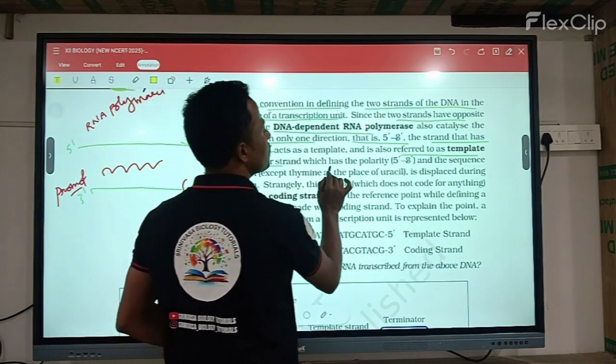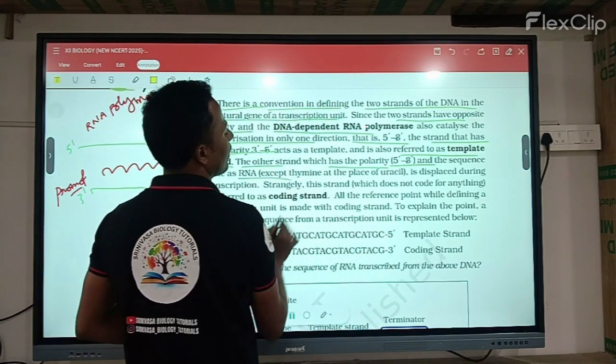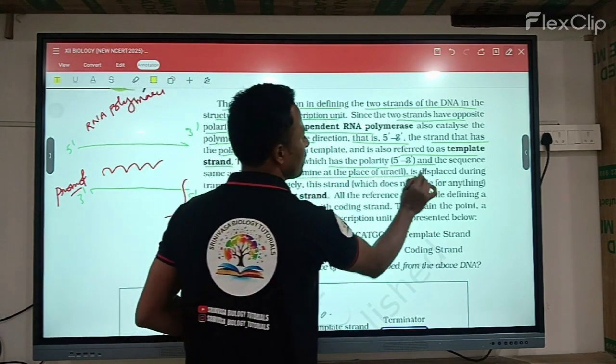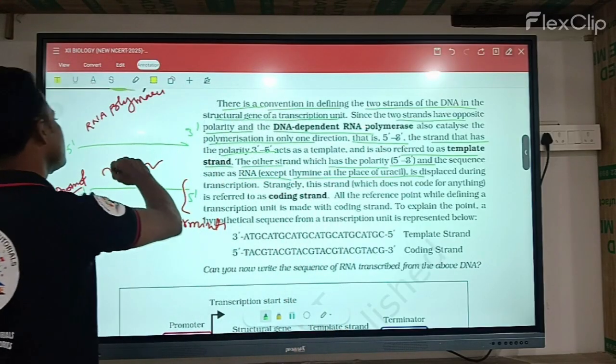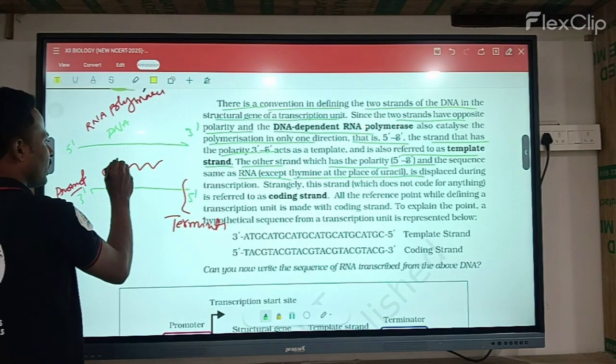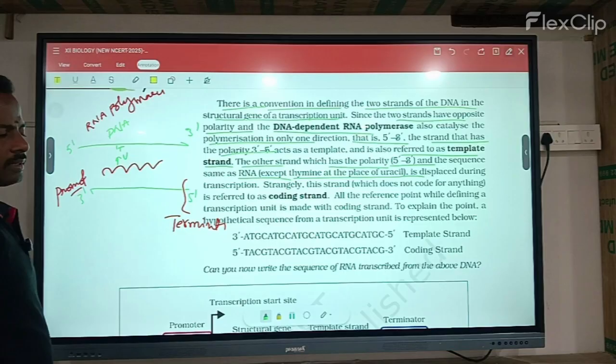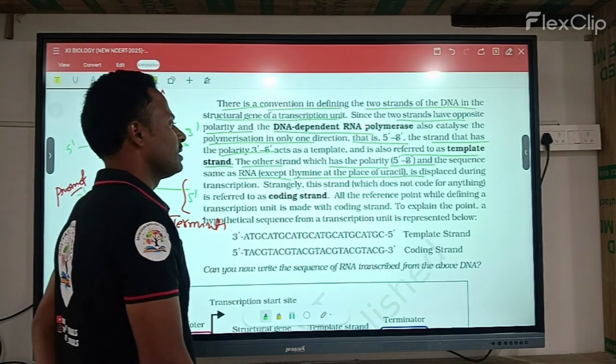The other strand, with 5 prime to 3 prime polarity, has the same sequence as the RNA, except that thymine is replaced with uracil. In the RNA strand, instead of thymine, uracil is present.